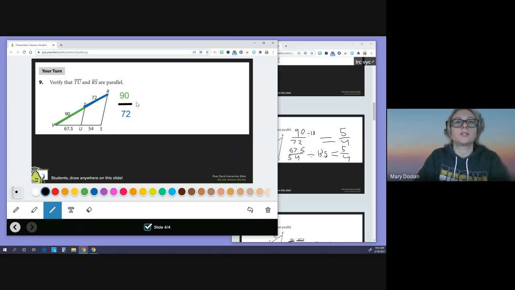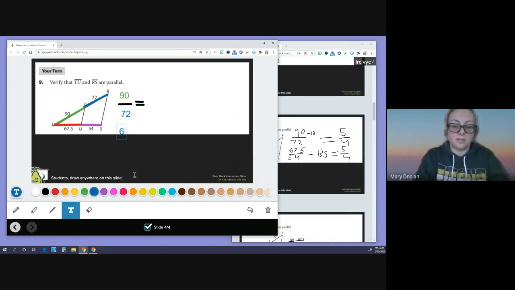Okay, and then the question is, what does this equal? Does it equal the same as this number over this number? Point 5.